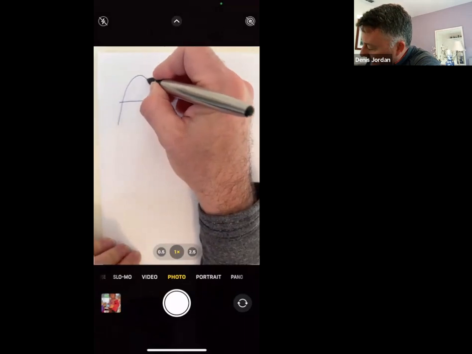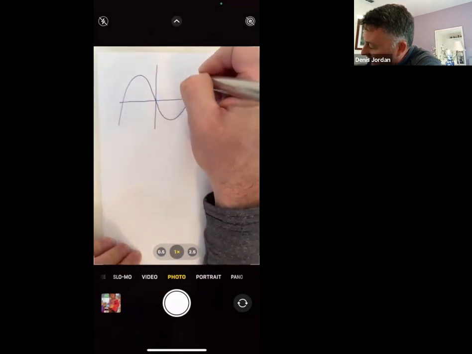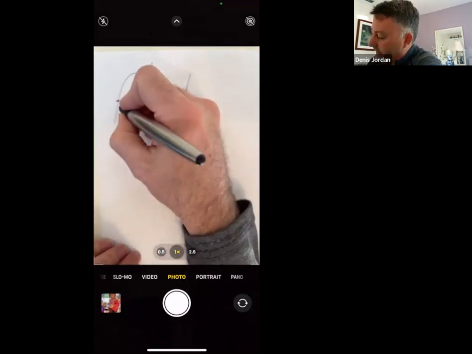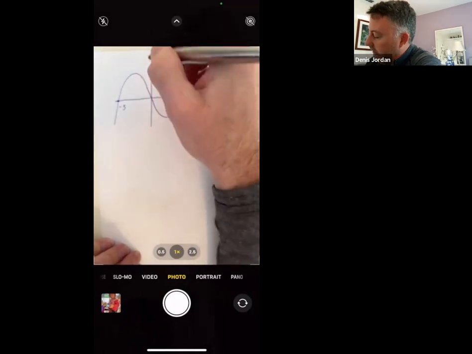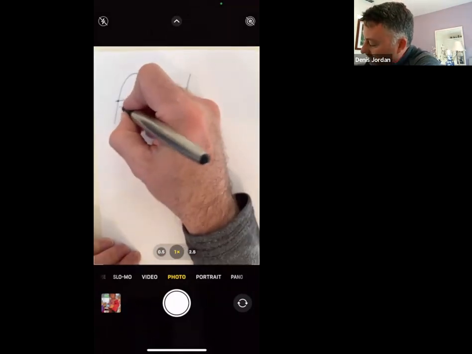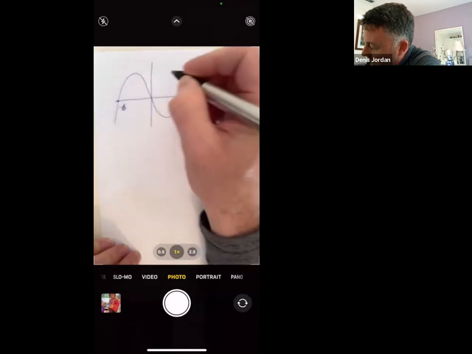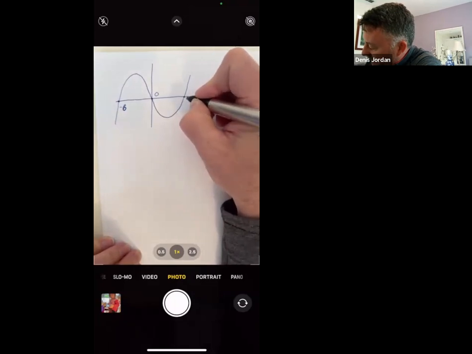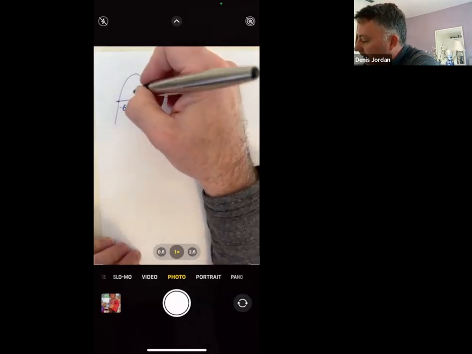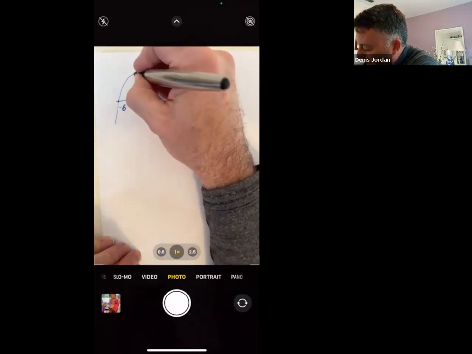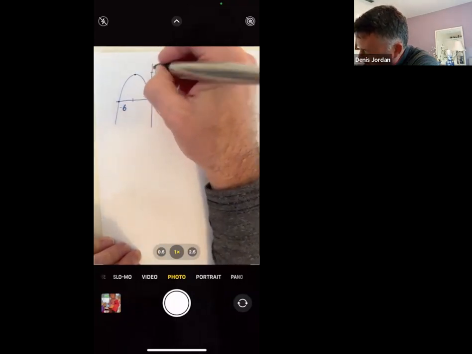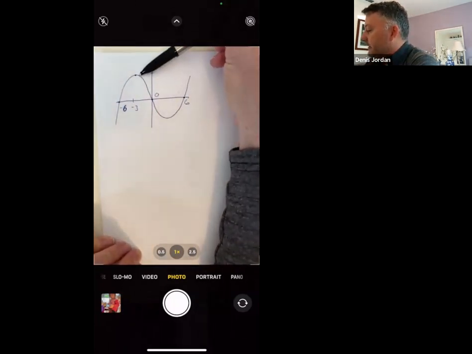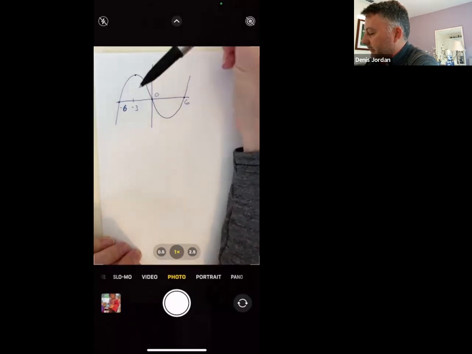We'll just do this. Okay, so that intercept there, we'll put that at -6. It hits the origin, and we'll make this intercept a +6. And then the top of this curve right here, that'll happen at x equals -3.